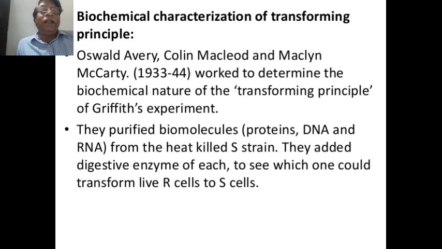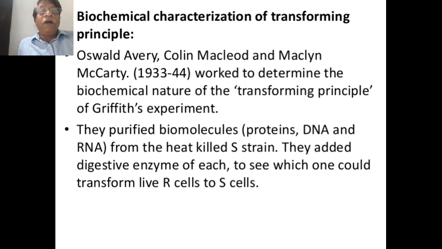So now the heading, Biochemical characterization of transforming principle. Experiment conducted by O. Avery, C. Macleod, and M. McCarty.